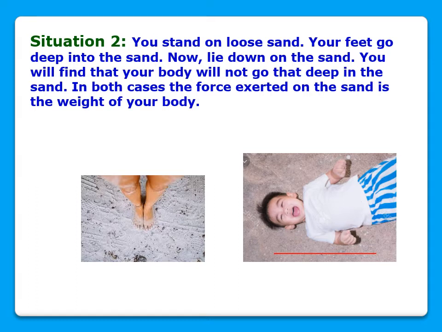Here also, the force exerted on the sand is your body weight, and here also it is your body weight. Then why is it happening that when you are standing on the sand, you go deeper, but while you are lying over here, you do not go that deep? The reason I'll explain in the next slide.